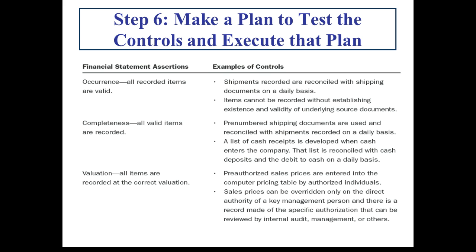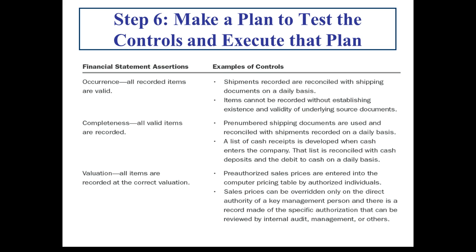One assertion is called occurrence. Did something really happen? Did it occur? Are the recorded items really true? An example is, we might show that we have sales that really aren't sales, okay?